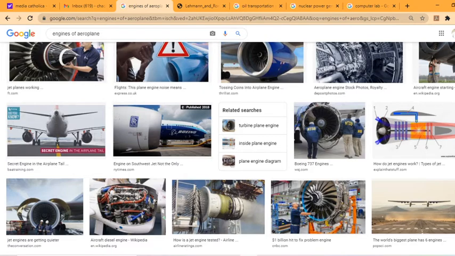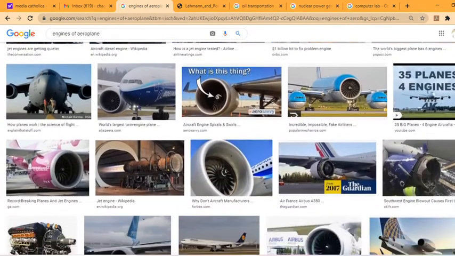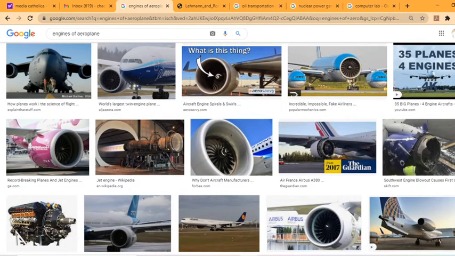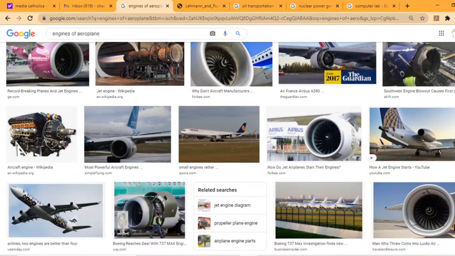That will depend upon the cost of preparing this type of parallel connection. In the case of a plane, you will not keep 2 planes parallelly, but you will keep 2 or 3 engines parallelly in the plane.